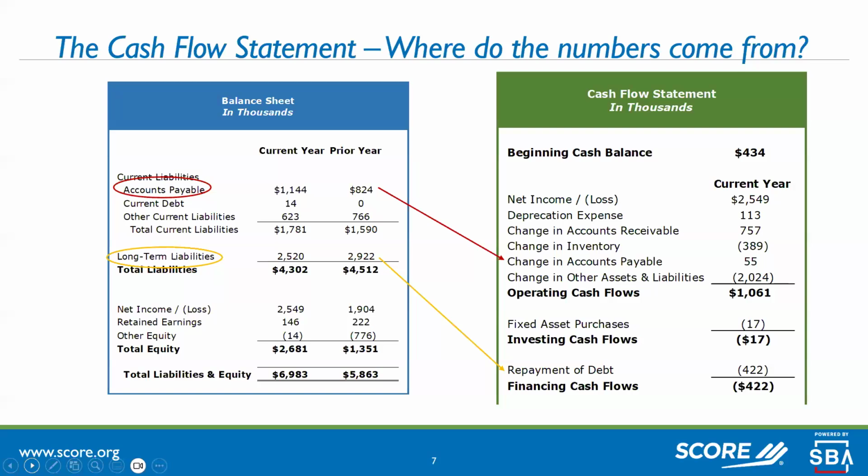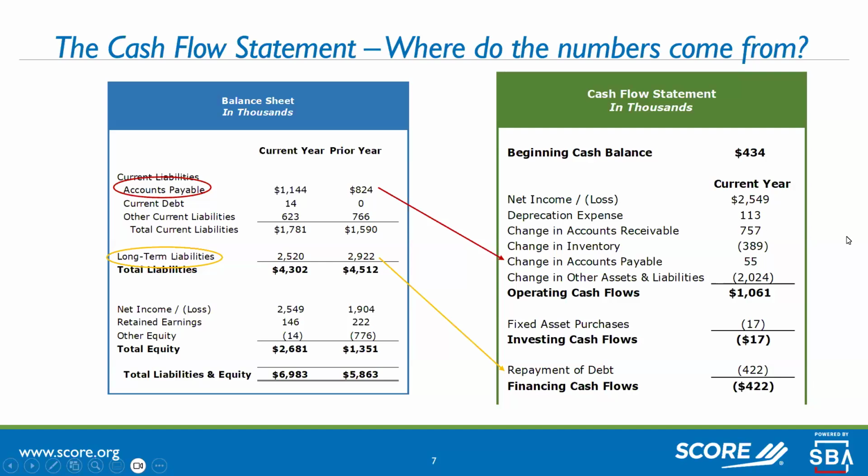Okay. So moving on to another example. This is looking at the liabilities and equity section of the balance sheet, and starting with accounts payable. This is going to show you your change in accounts payable, and long-term liabilities, which are typically loans and types of debt. And that's going to be change or repayment of debt down in the financing cash flows. So again, operating cash flows are all related to the day-to-day operations of the business. Those are going to start with net income or loss.